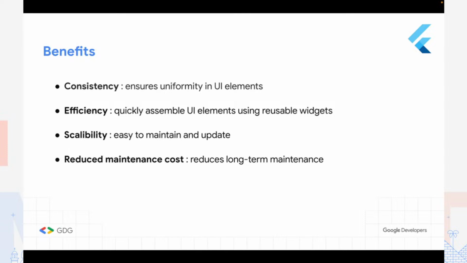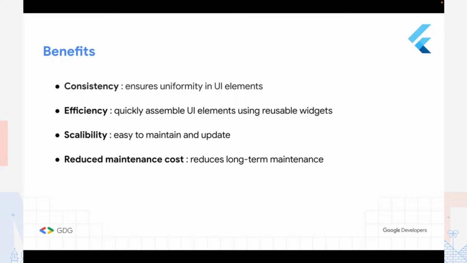Now, what are the benefits of using a design system? I hope you've got an idea of why we are using design systems. It is to ensure consistency. Like I said, if there is no design system, you have a widget in 10 different places in the application. You change the color, you forget to change in two places and change in the remaining eight parts of the application. It creates an inconsistent UI.